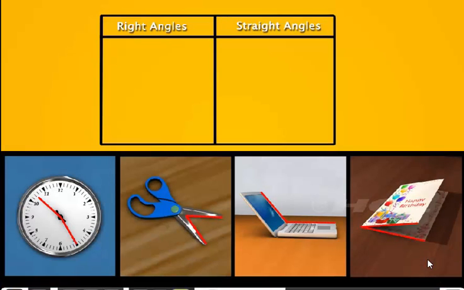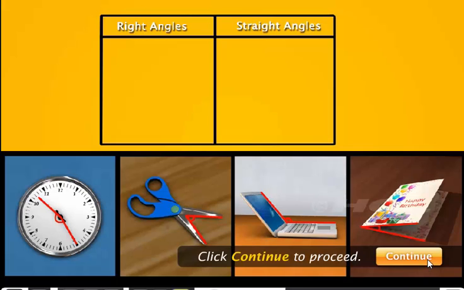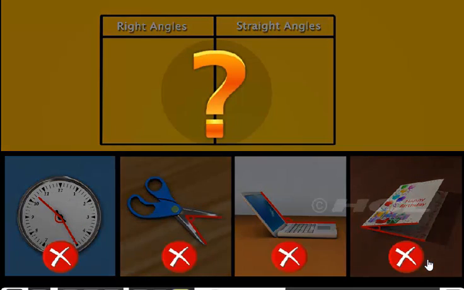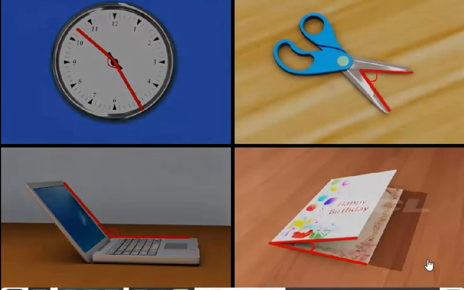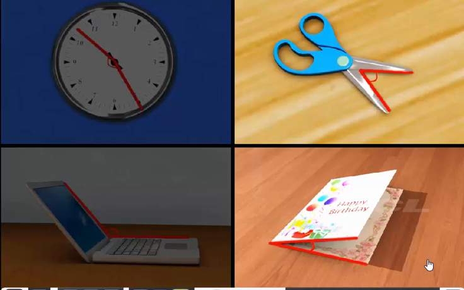Can you group these angles into right or straight angles? Difficult, right? Some seem bigger and others seem smaller than a right angle.